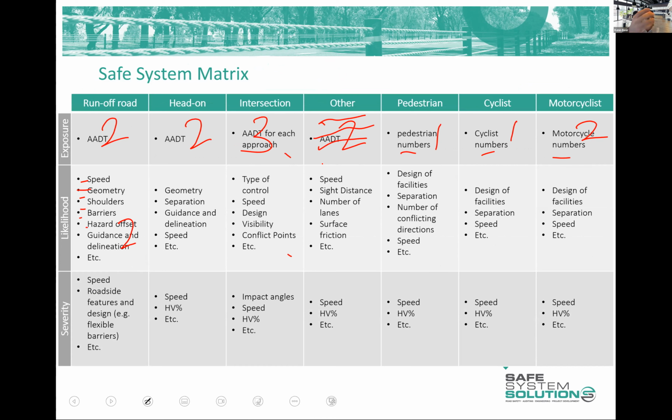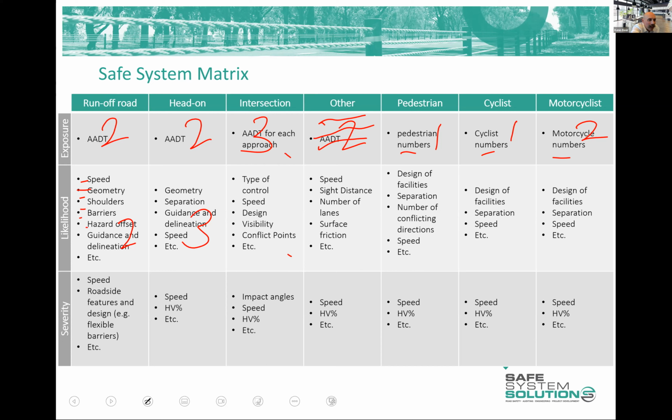And maybe head on, well, maybe there's just a center line, and okay, it's got audio tactile center line, but it's just a white line. I'm going to bump that up to a 3, because there's no buffer area for the driver if they've been distracted and they've drifted out of their lane.